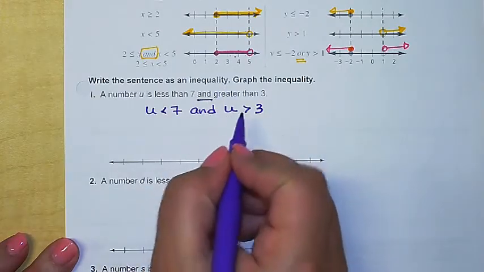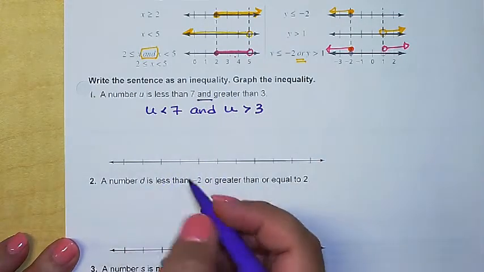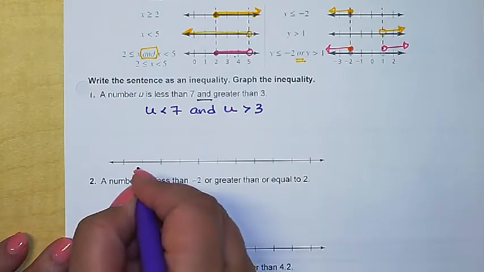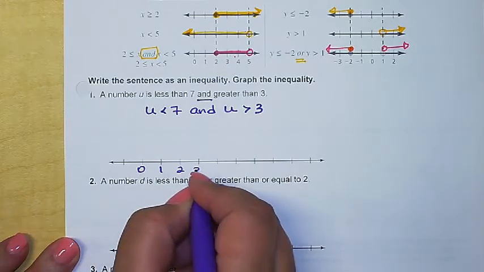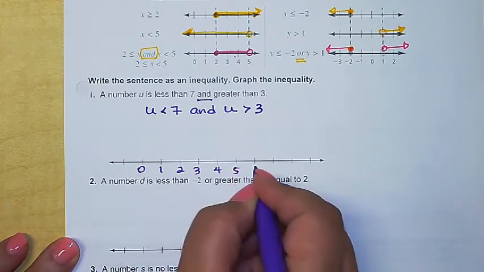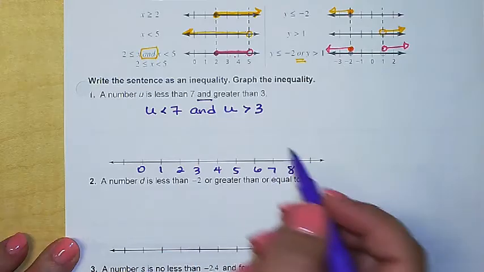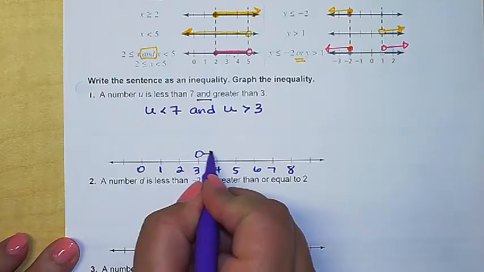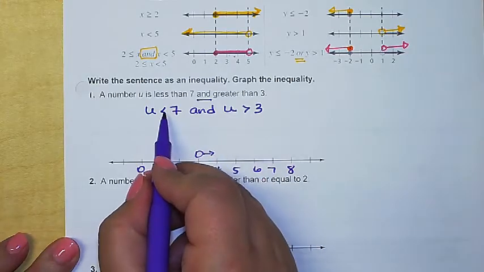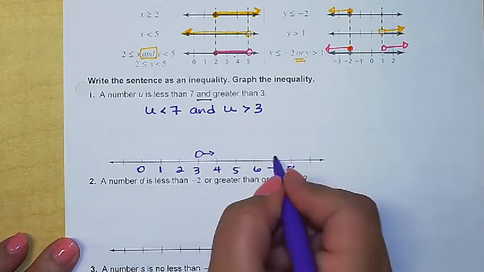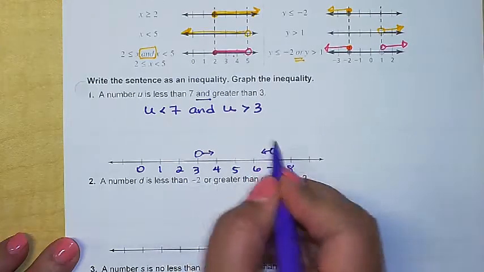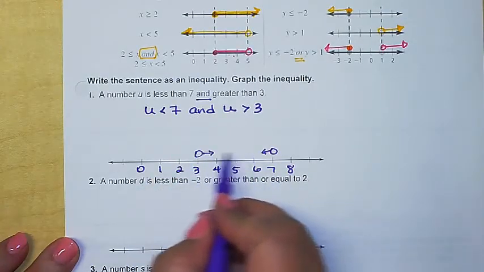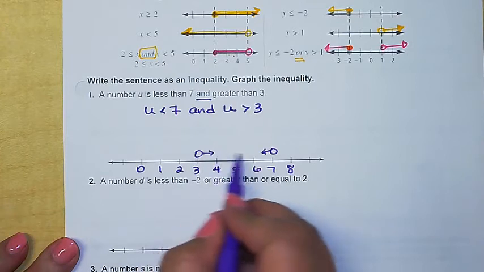Or, if I put my number line down here, everything greater than 3 would be in this direction, and everything less than 7 would be in this direction. If it's an and statement, I just want everything in between. So I know my graph is going to be right in here.